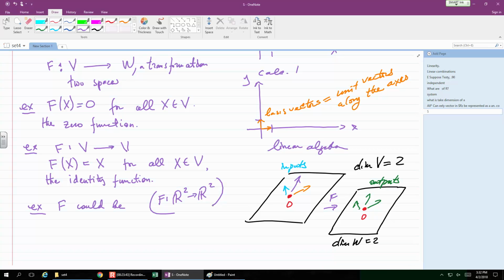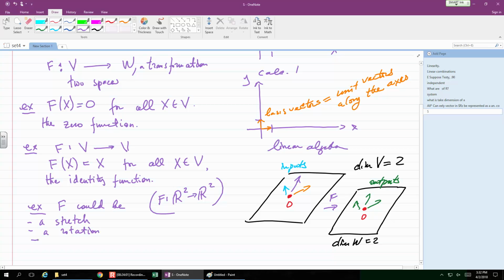That's why I don't need a formula to say, for example, f could be a stretch, possibly non-uniform in different directions. It could be, remember, a rotation.